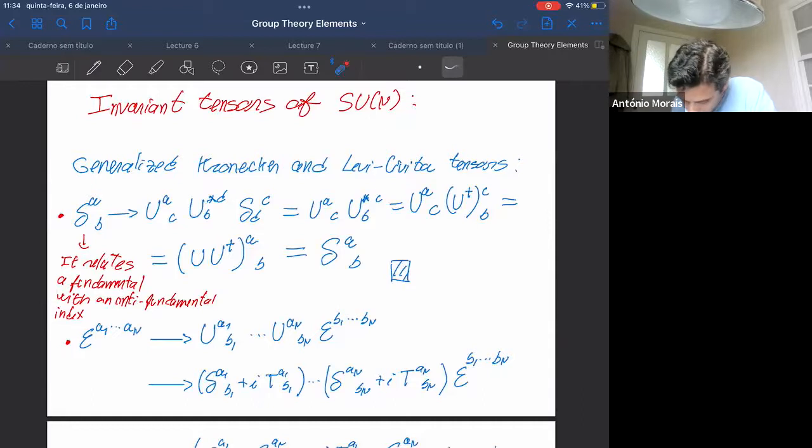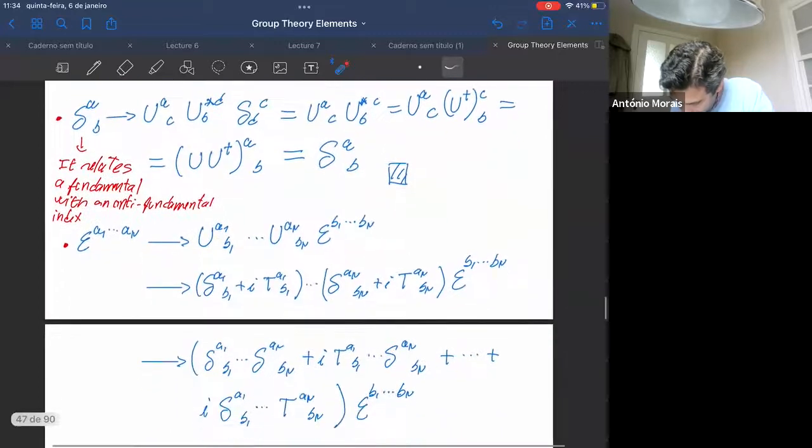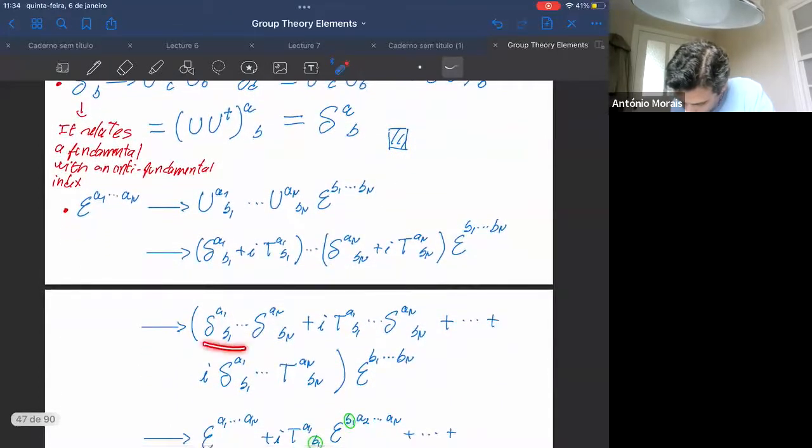So you know these are fundamental indices, so they transform with the U matrix, not the U star from the definitions above. And here you have epsilon with B's, fundamental indices. Now you just expand the U's about the unit matrix, and you get this chain of matrices here, which gives you the product of several deltas, taking the first component, and a product of deltas and the t's, so one t and various deltas, and so on.